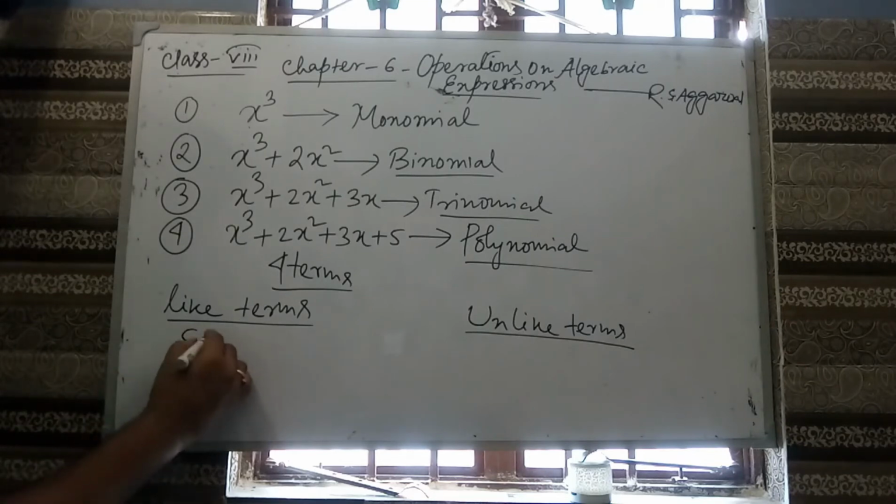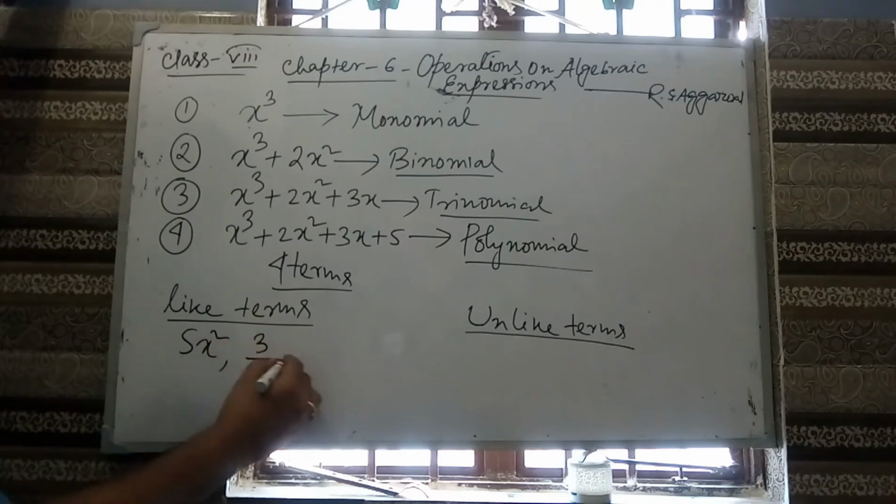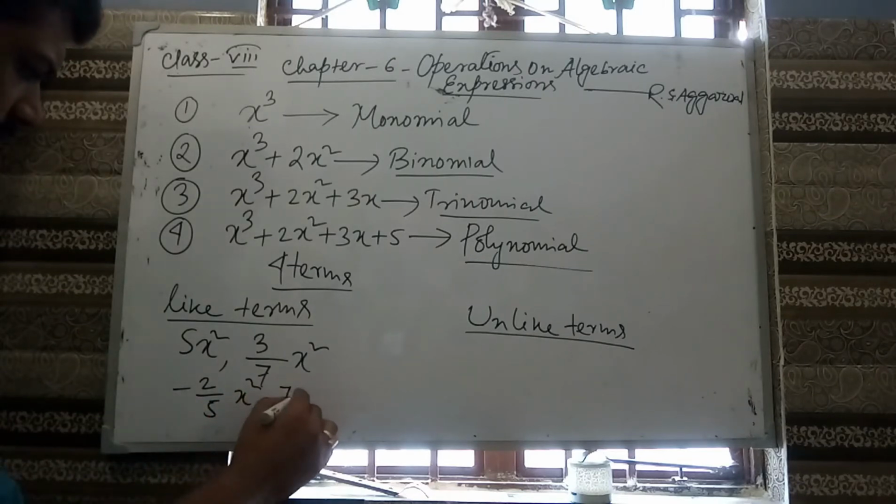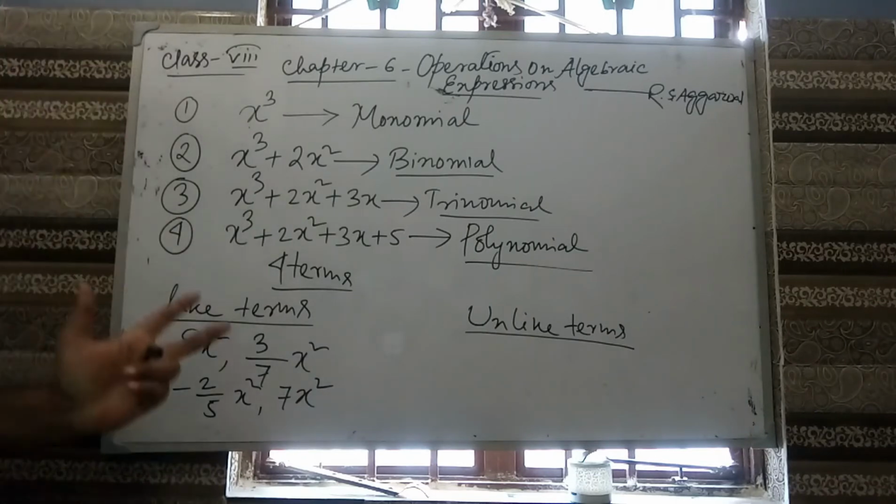Suppose 5x square, 3 by 7 x square, minus 2 by 5 x square, 7 x square. Look at the terms.